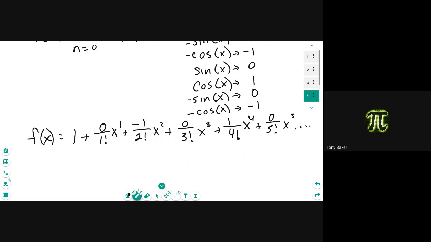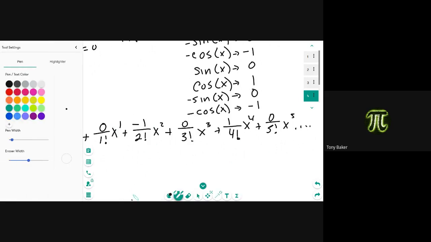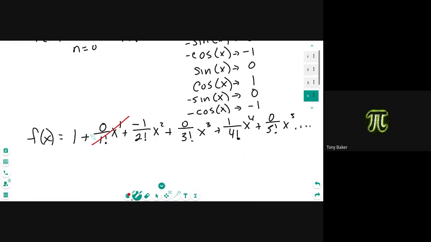Do I need to write the zeros? No, because they're gone, right? So I get rid of that one, and that one.